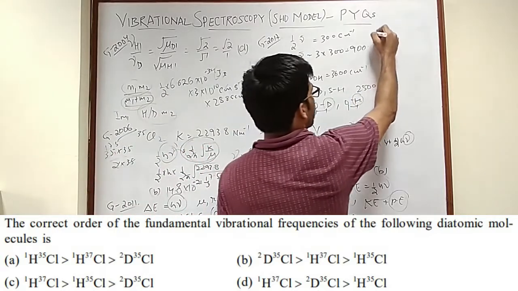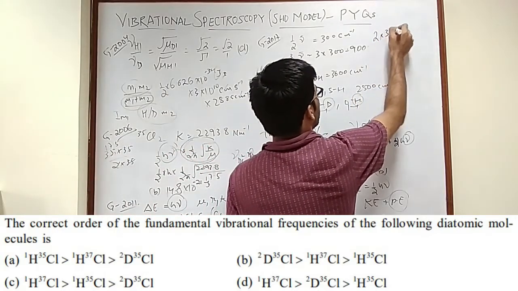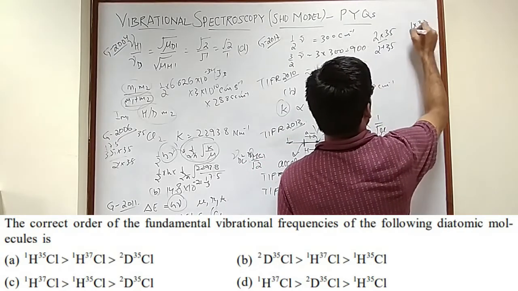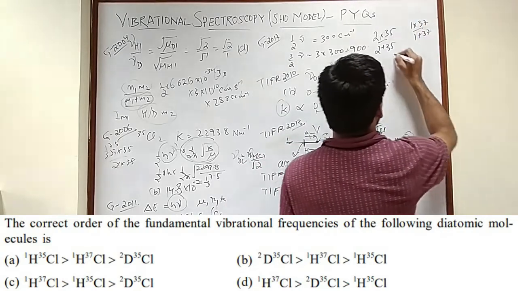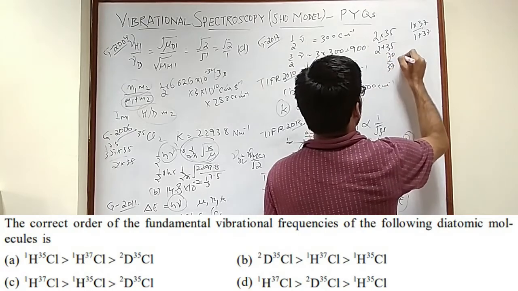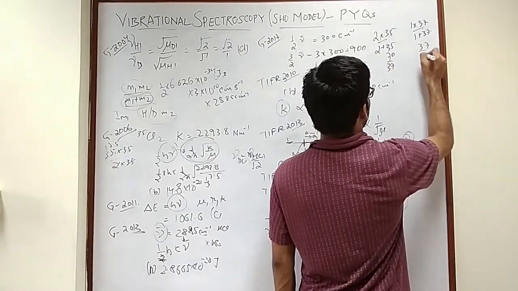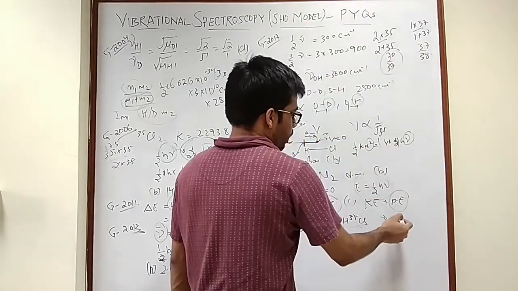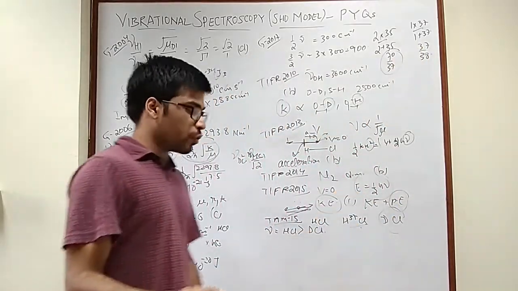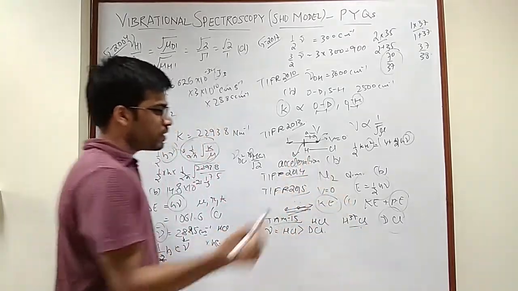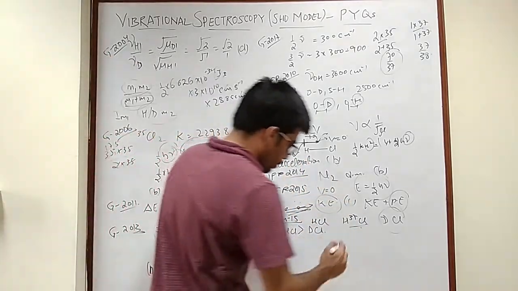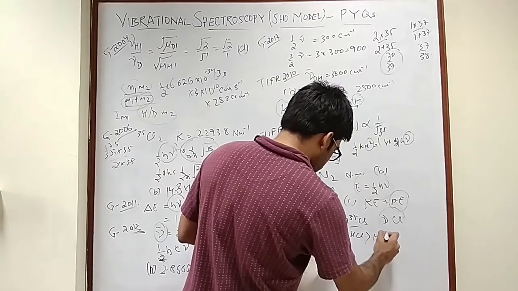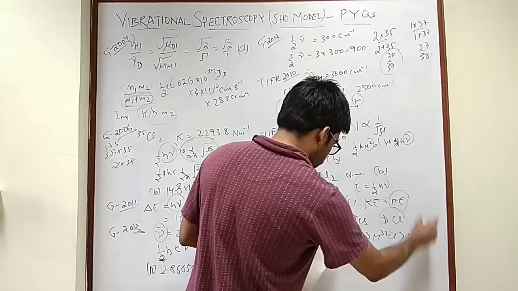Now, 2 into 35 by 2 plus 35, and you have 1 into 37 by 1 plus 37. So this is 70 by 37, and this is 37 by 38. Obviously, this is much larger. So DCl will have lower vibrational frequency as compared to H37Cl. So the correct order for this will be option number A, which says HCl greater than H37Cl greater than DCl.